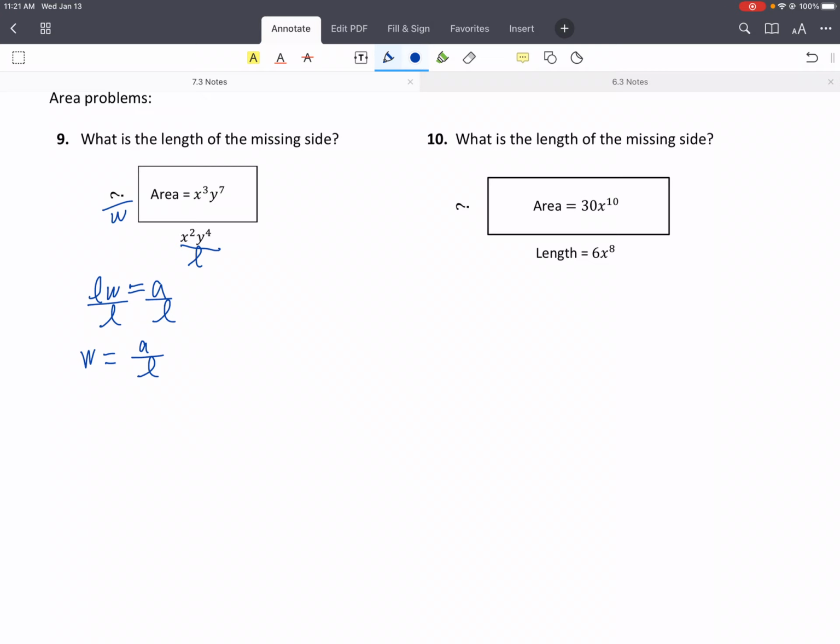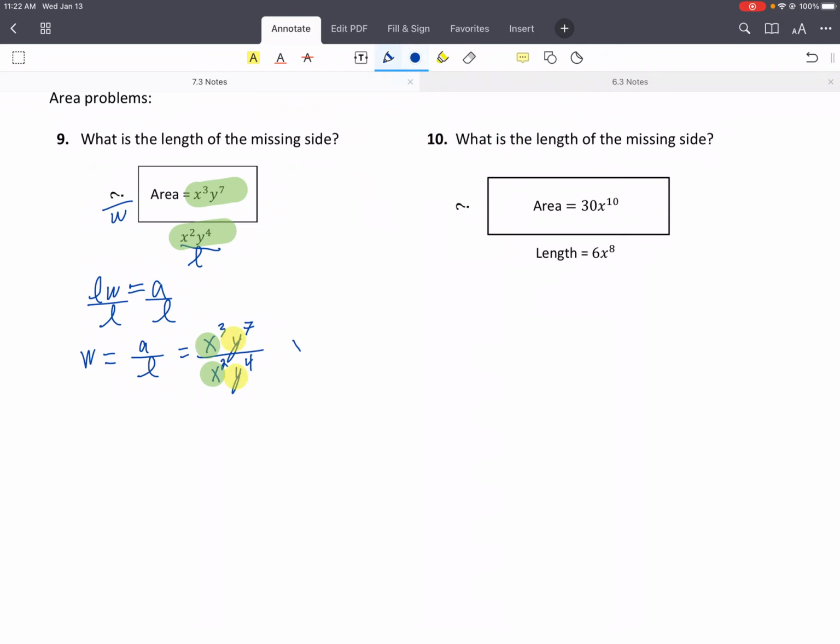And we have our area right here, which is x to the third, y to the seventh. And we're dividing that by our length, which is x squared, y to the fourth. And now we're going to use the same rule that we've been looking at, but now we're going to have two different bases. We're going to have x, and then we're going to have y.